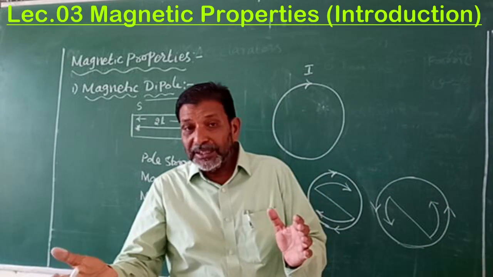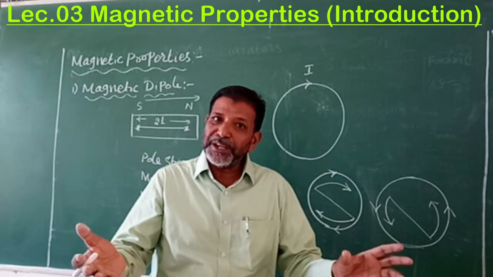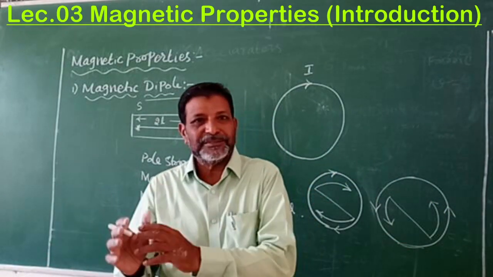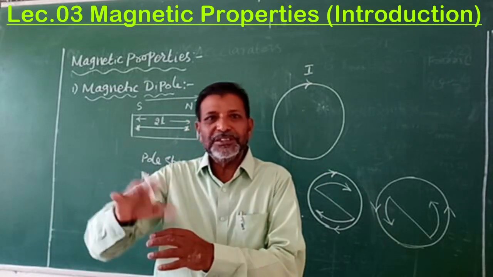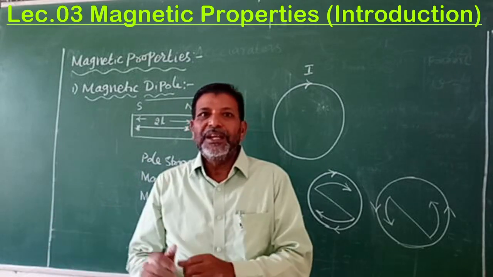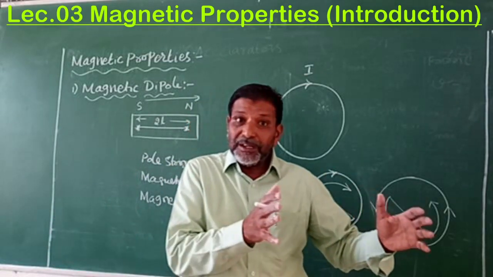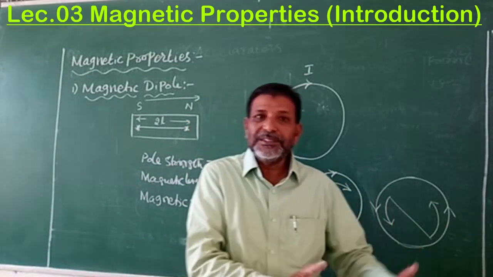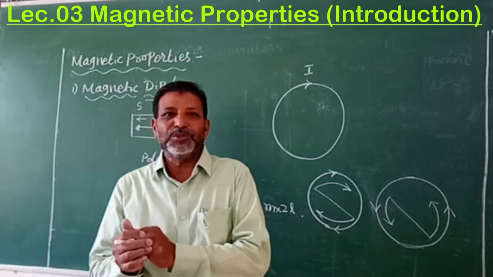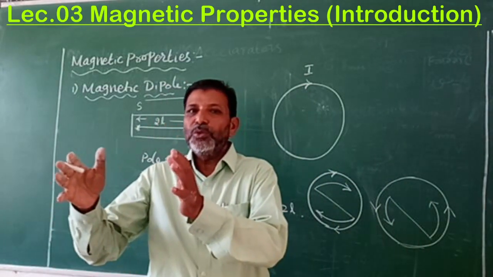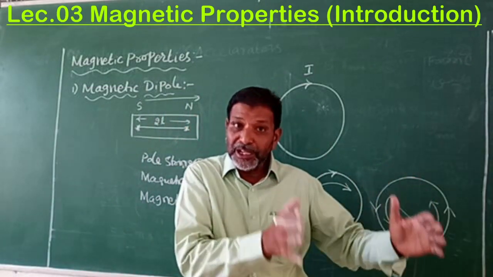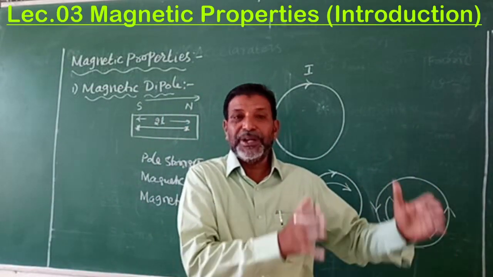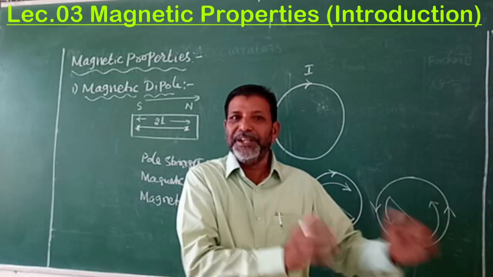In electricity, instead of magnetic poles, you have electric charges, which are also of two types, positive charge and negative charge. Just as you have the magnetic dipole, you have the electric dipole also. Two unlike poles of equal strength separated by some distance is the magnetic dipole.